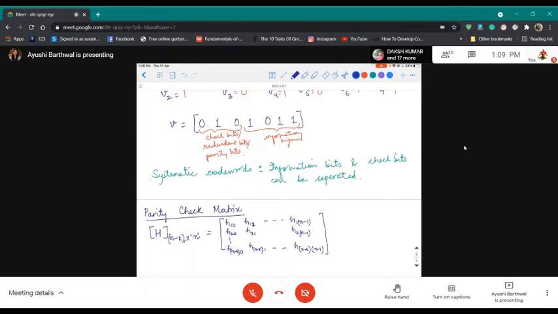So we can see from here that the order is n minus k cross n.